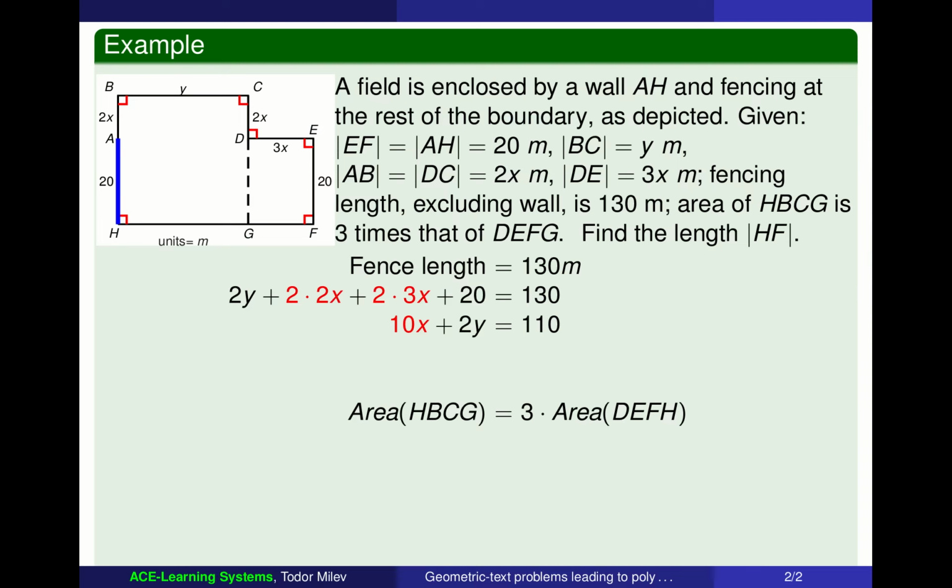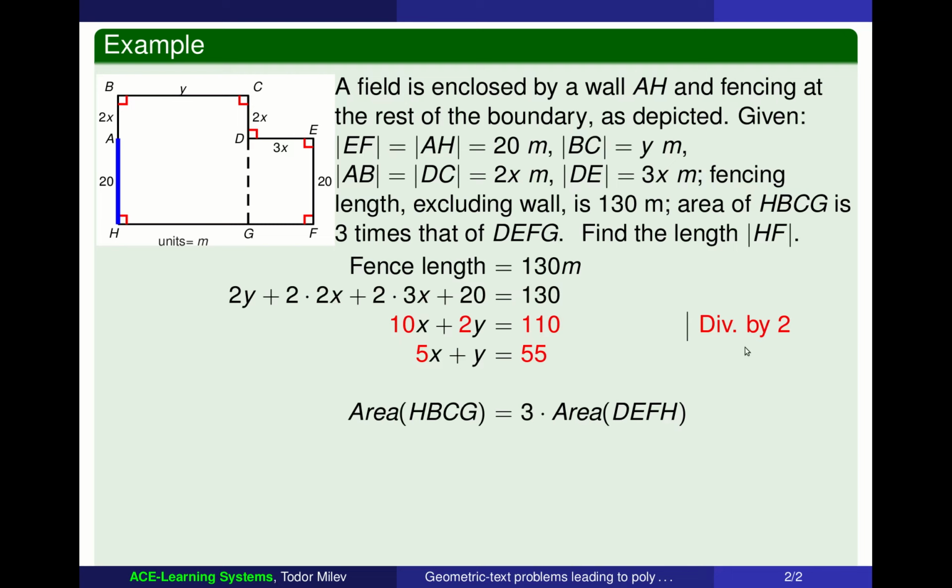Now let's simplify a little bit. 2 times 2x plus 2 times 3x, that is 4x plus 6x, which is 10x. So this is 4x, this is 6x, so altogether we get 10x. I have transferred 20 to the other side, and of course 130 minus 20 is 110.